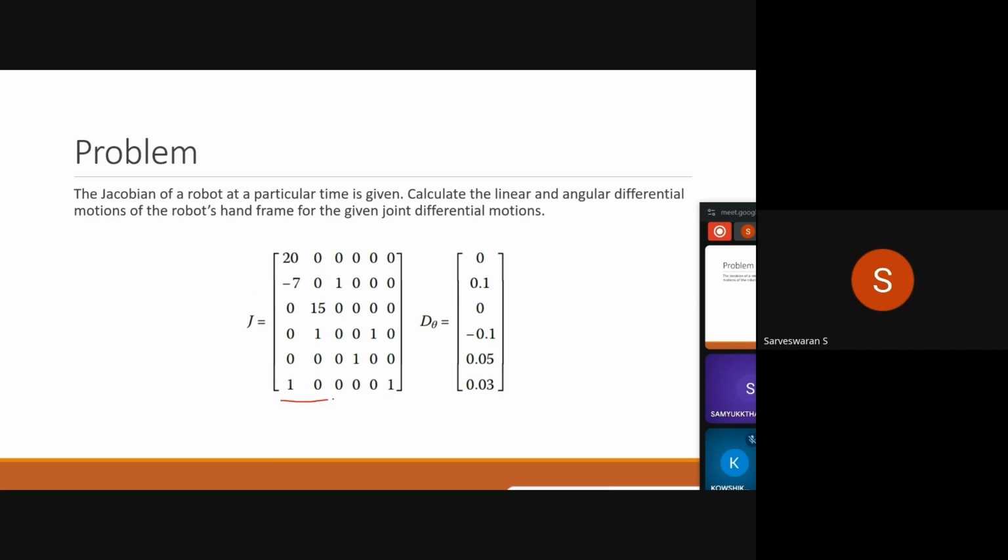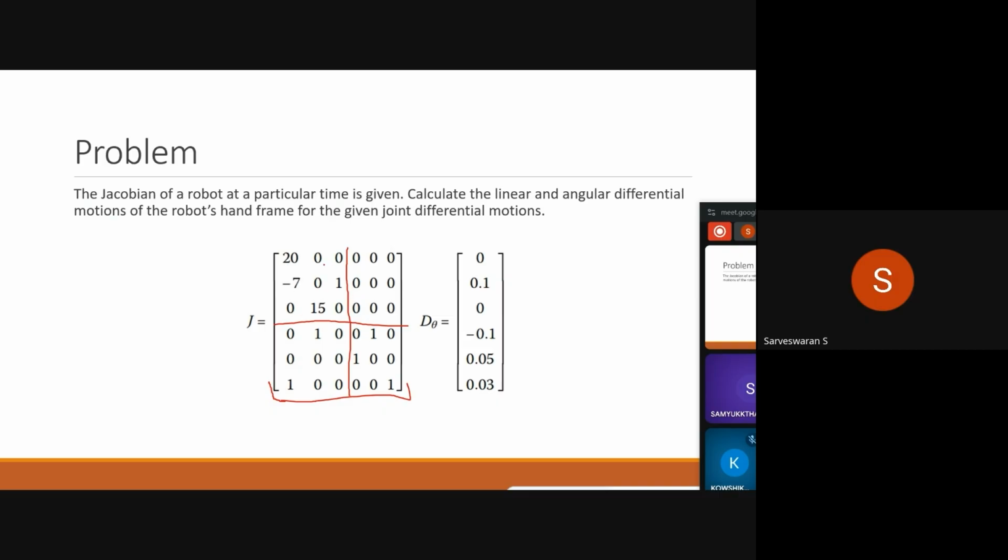Everything will be provided: the Jacobian values, everything, at an undergraduate level, and at higher levels you have to solve for it. There are some relations, but they are not required at an undergraduate level for determining this Jacobian matrix.